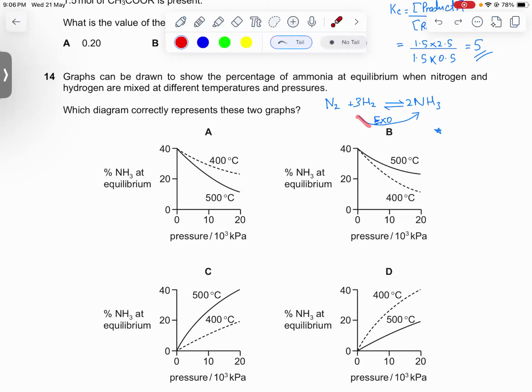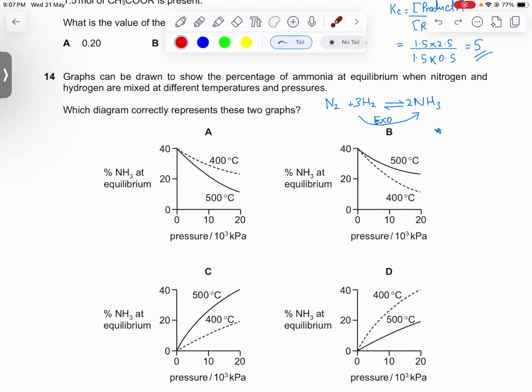Because the forward reaction is exothermic, we know that in dynamic equilibrium, or in reversible reactions, an increase in temperature is favored by the endothermic side.